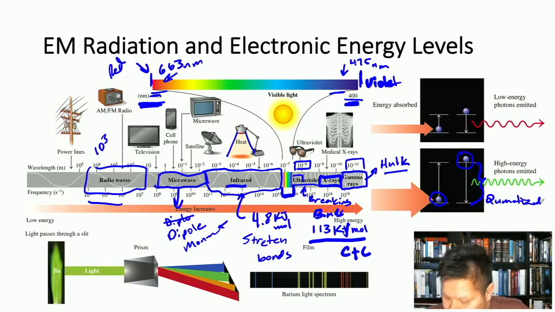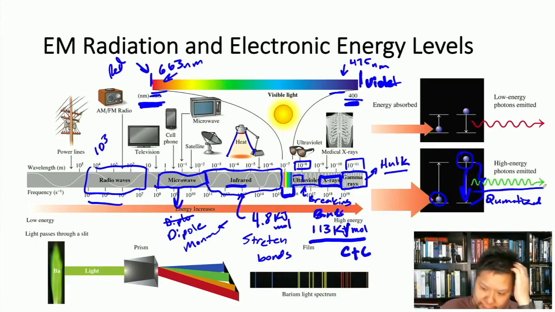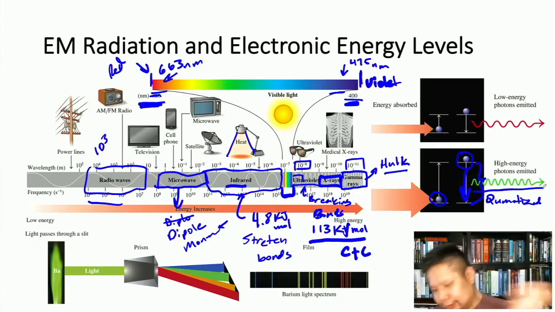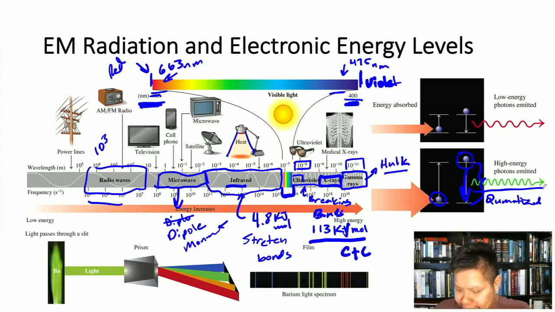Once an electron is promoted, it can be relaxed and come right back down to its ground state. When it does that, it emits energy, because the energy has to go somewhere. And remember, energy cannot be created or destroyed, or matter for that matter. Both of these examples show that right here: energy is being released as an electron relaxes from its excited state.